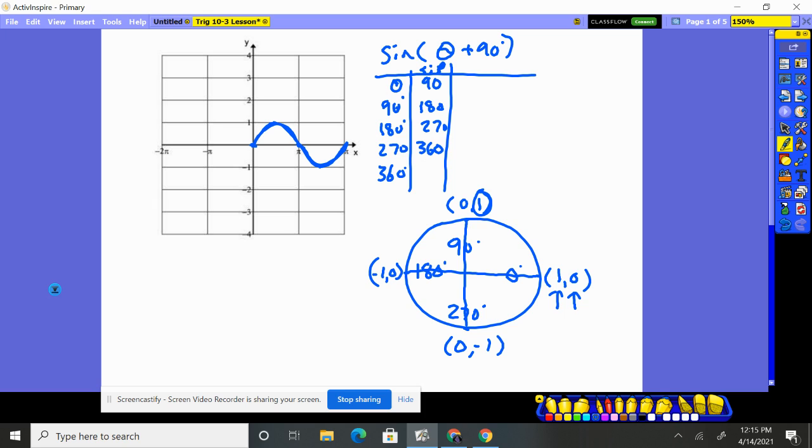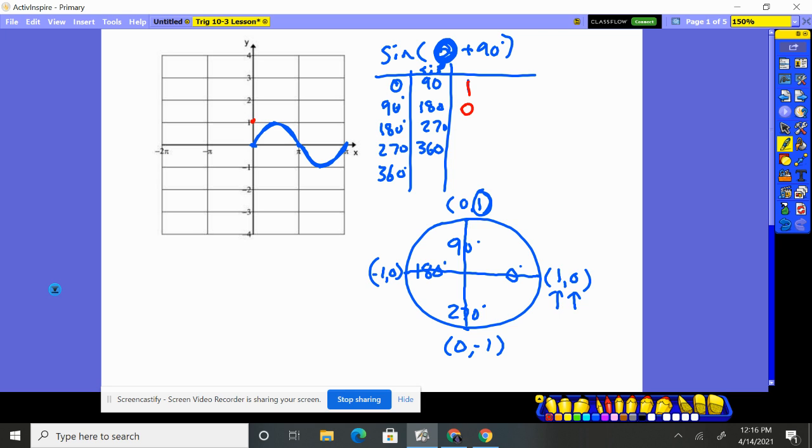Now, where's that going to put us? So when you plug in 0 right here for that theta, you're doing 0 plus 90, so you're now taking the sine of 90. So this is now at 1. So we'll do it in red. 1. So this guy's up here. That's weird. At 180, it's now at what? 0.